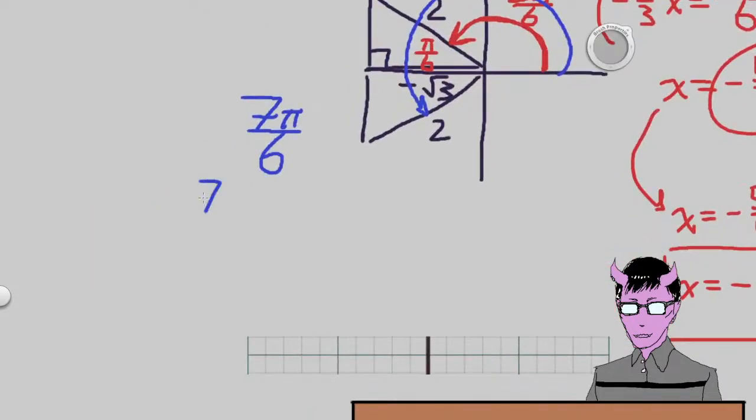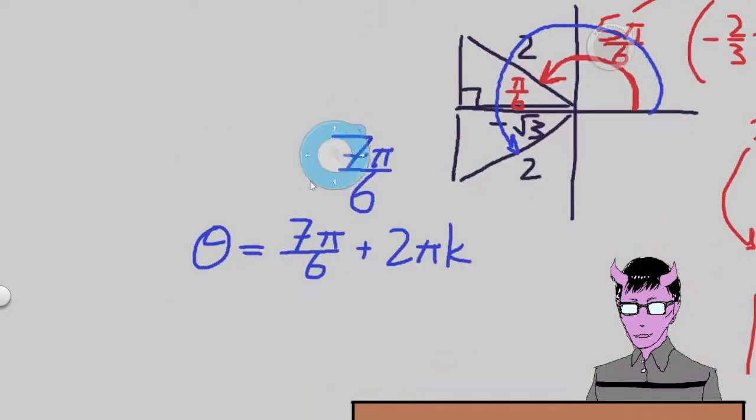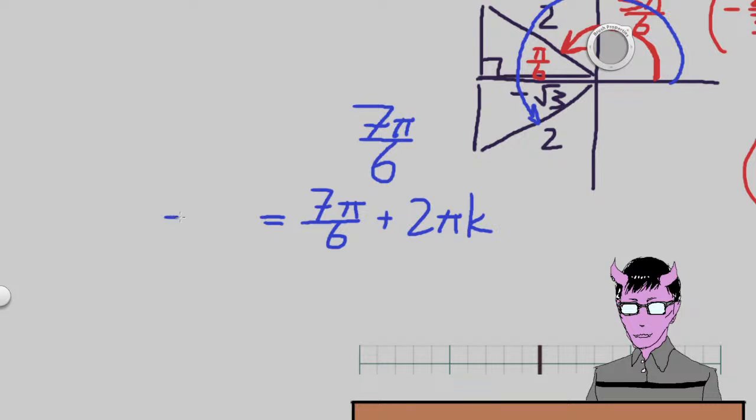We need to consider the coterminal angles for that one. So plus 2 pi k. But that's only if our base argument was just theta. We don't have just theta. We have negative 2 over 3x. So don't write this. Negative 2 over 3x.